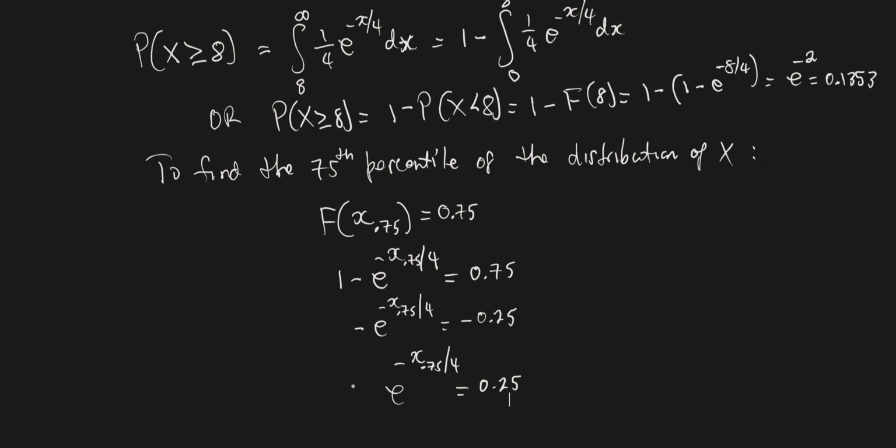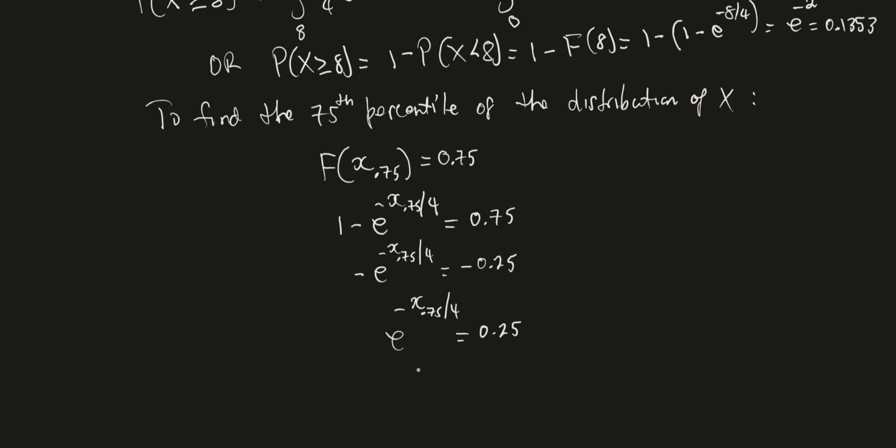Taking the natural log of both sides gives me negative x sub 0.75 over 4 is the natural log of 0.25. And if you're worried about multiplying by negative 4, don't worry, because the natural log of a number between 0 and 1 is always negative. So when I multiply it by negative 4, I'll get a positive value.